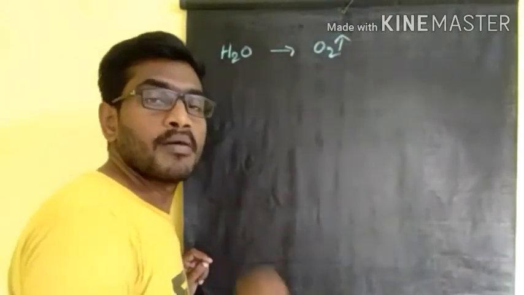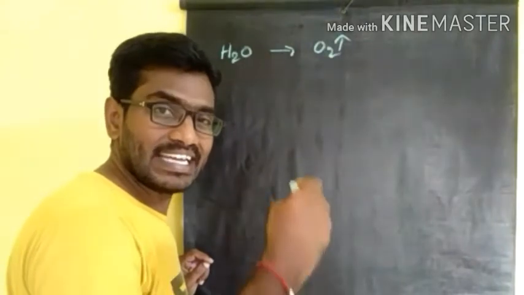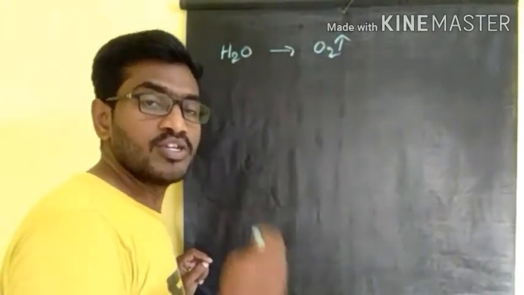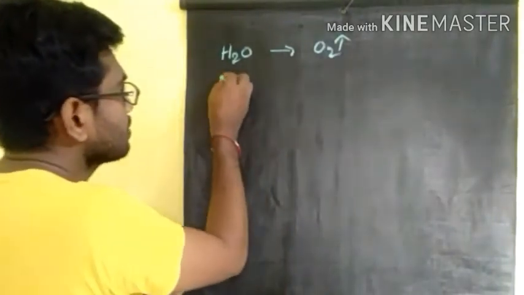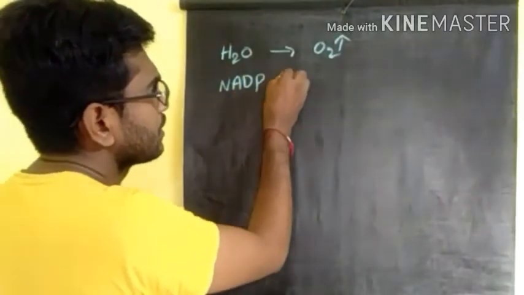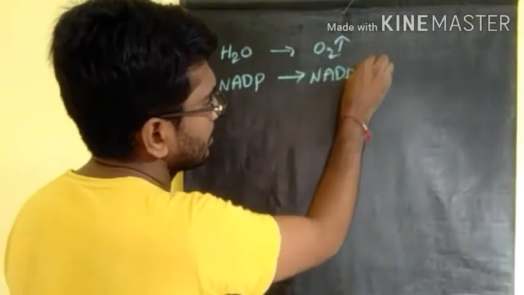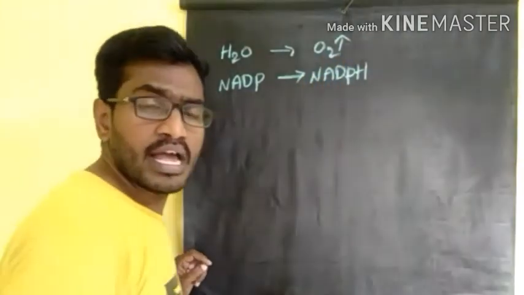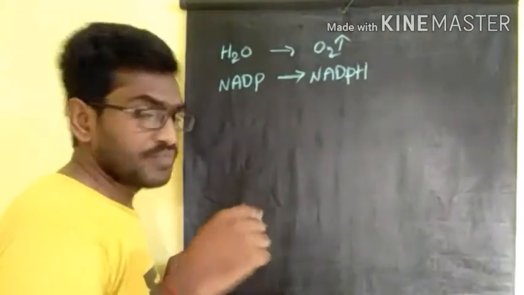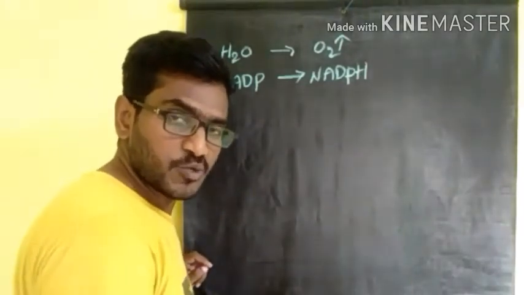Those electrons pass to a substance called NADP, which is reduced to NADPH.